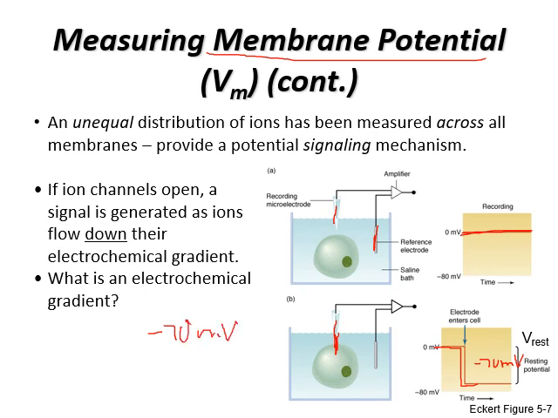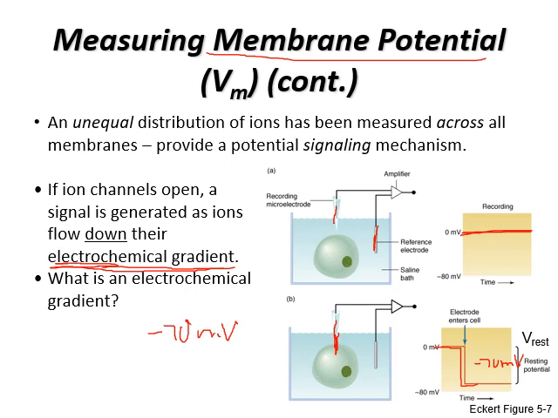What is being set up here is what we call an electrochemical gradient. We've seen chemical gradients, concentration gradients with chemicals, but we also have a gradient in the electrical property, the difference in voltage between the inside and the outside.